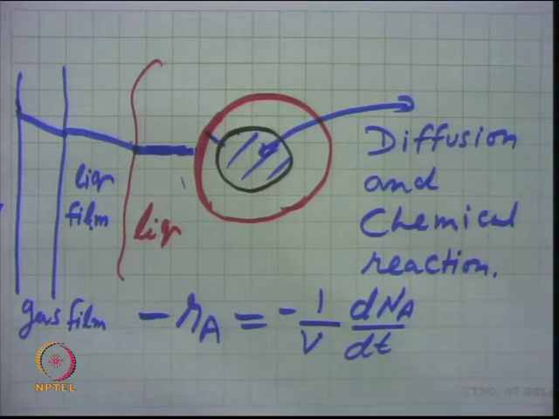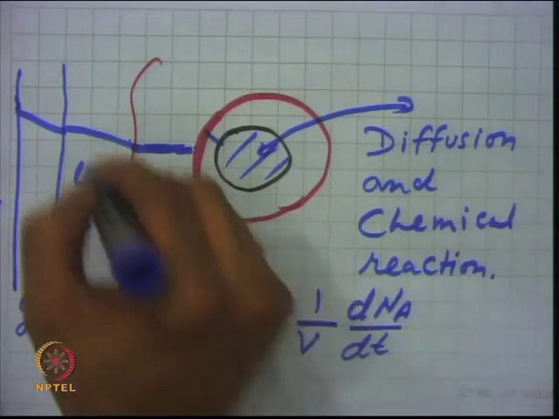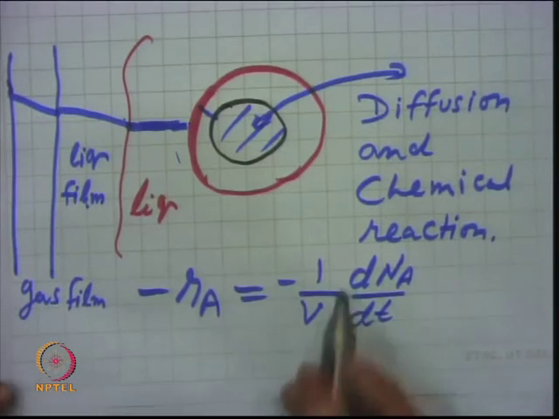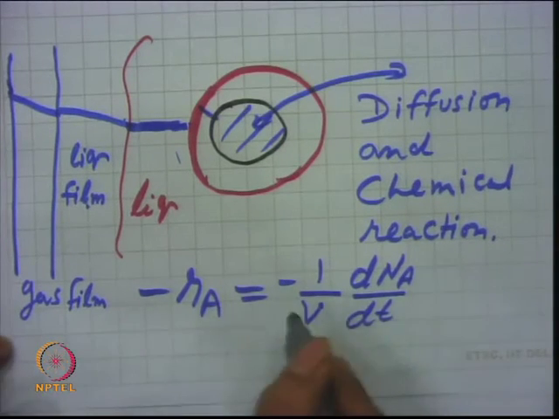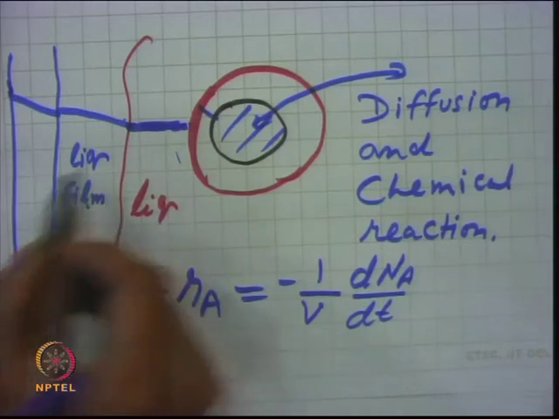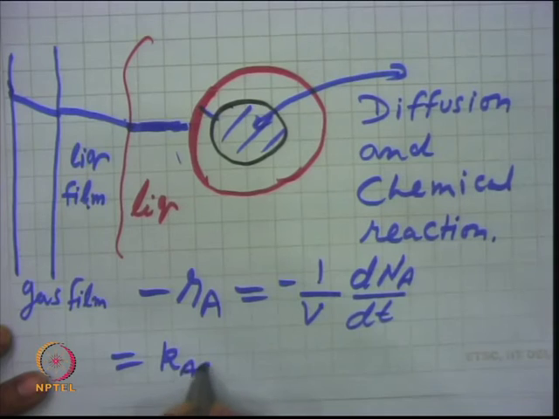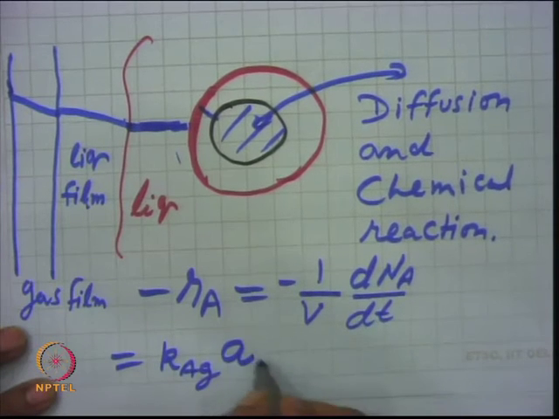The choice can be based on the volume of the liquid, if it is a slurry bubble column reactor. It can be defined per unit mass or volume of the catalyst, like in a trickle bed reactor. And this is the moles transported. If I write it, this is the same as K A G times the interfacial area.